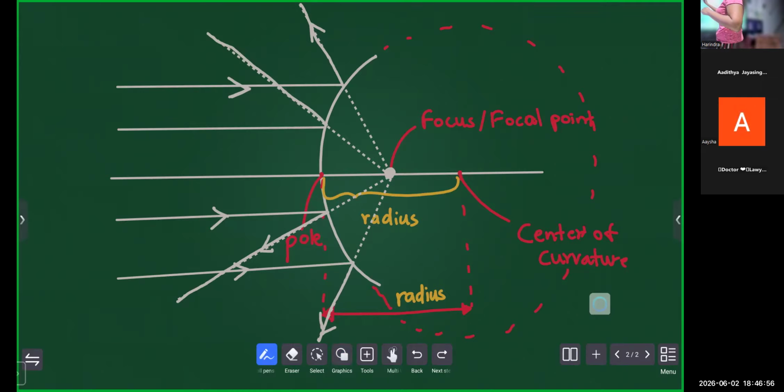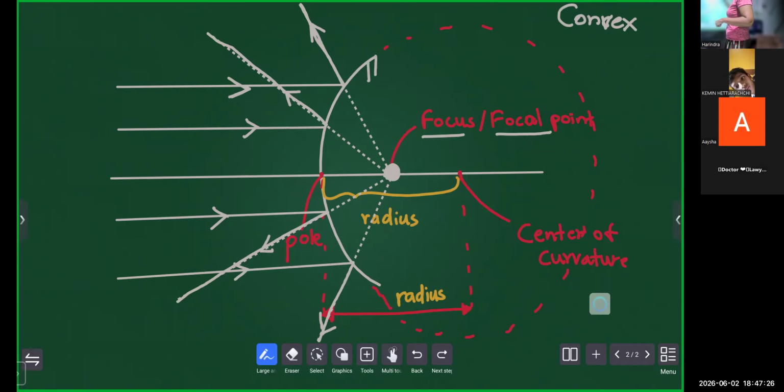This is the incident ray and this is the reflected ray. That is how we can draw the divergence of the convex mirror. How it diverges, it's like the rays are coming from the focus or the focal point, like we can draw the rays like this. Understood?